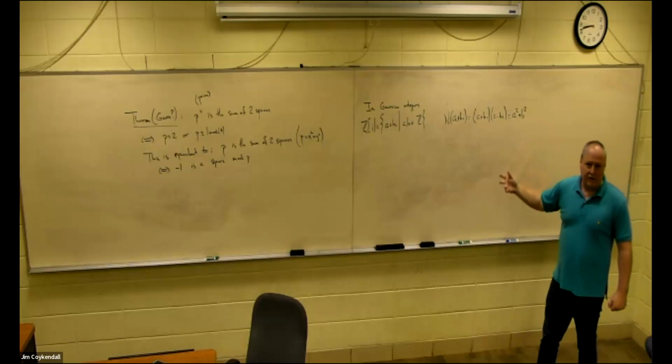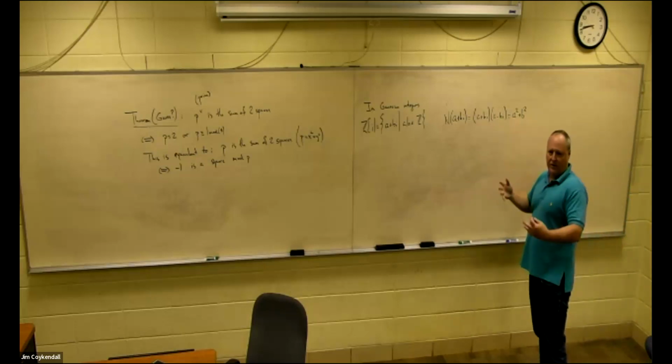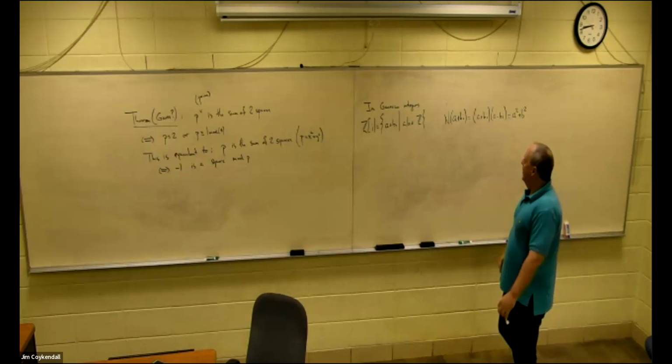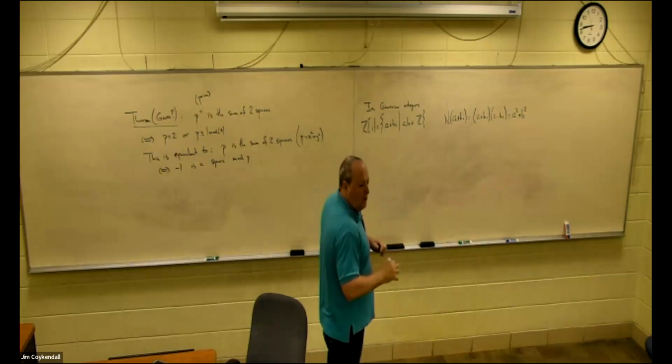Exactly in the definition of the Euclidean domain, this is the phi function that measures size, and you can always divide and get a smaller remainder, right? What does it mean for a prime?